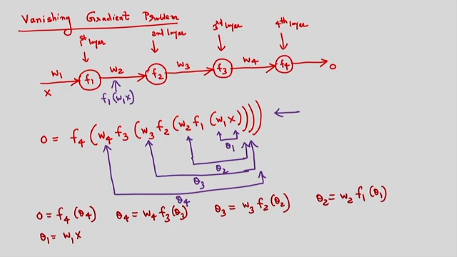So O is equal to F4 of theta 4. Theta 4 is equal to W4 into F3 of theta 3. Theta 3 is equal to W3 into F2 of theta 2, and theta 2 is equal to W2 into F1 of theta 1, and theta 1 is nothing but W1 into X. So I can get this output.